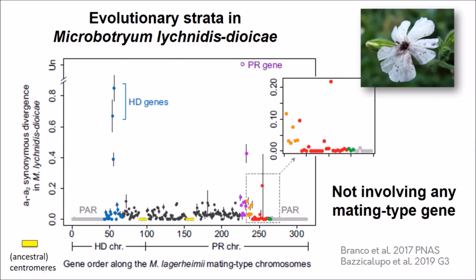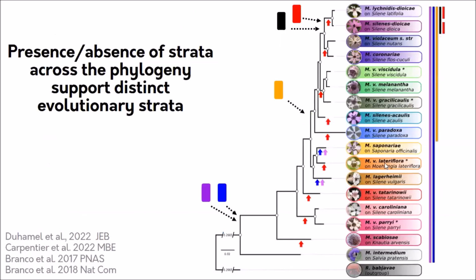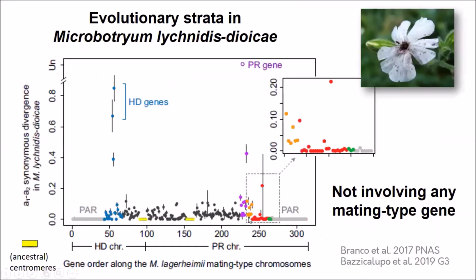So not only based on this differentiation plot, but actually we defined them by looking which species had suppressed recombination in this region across the phylogeny. So you can see here at right that all the Microbotryum species had recombination suppression around the HD and PR genes, so that we call the purple and blue strata.